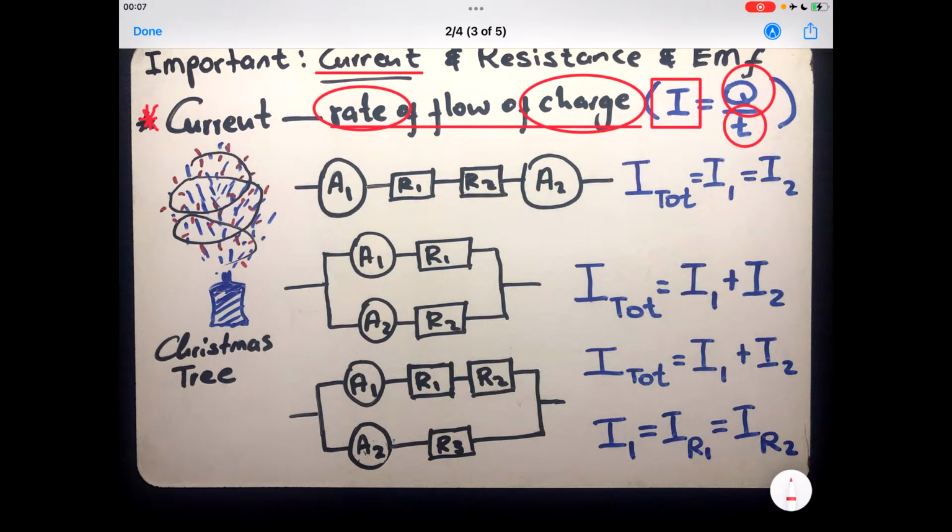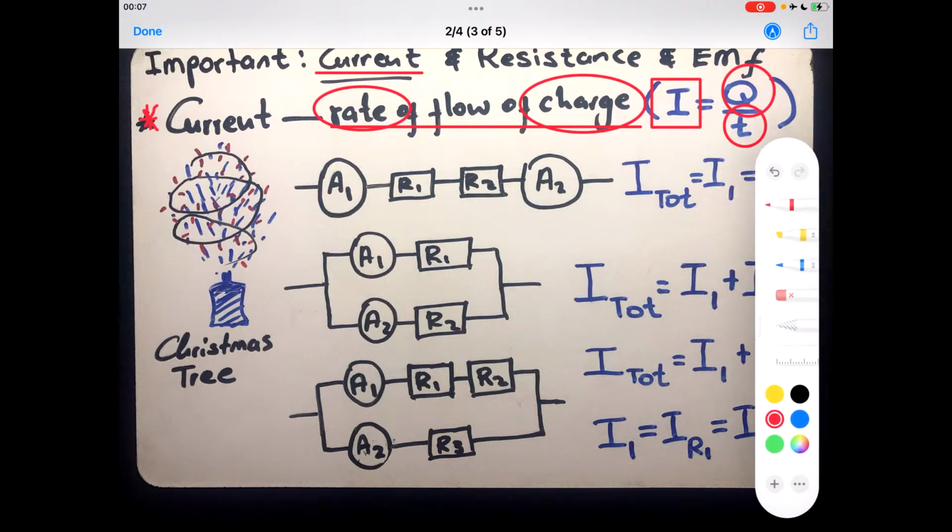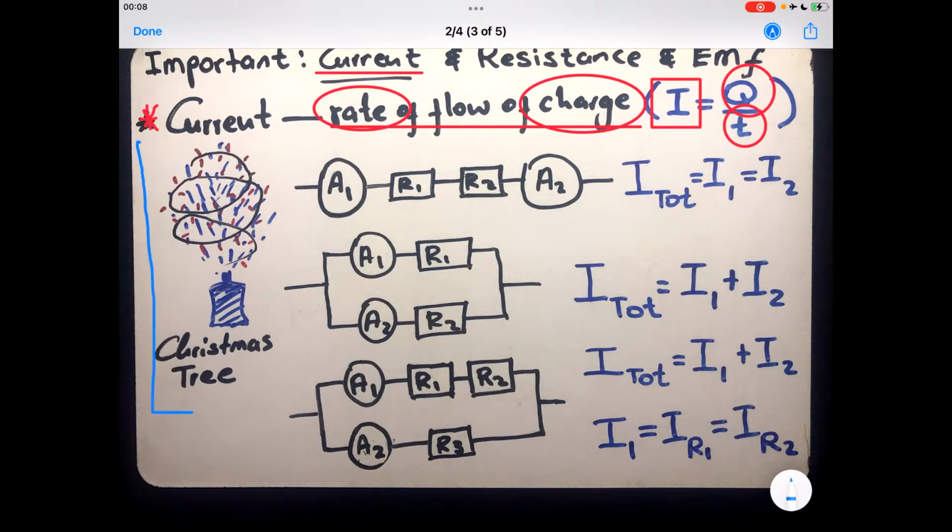Someone is seeing something very nice there, a very beautiful drawing. Let's see what's happening there, honorable members. A Christmas tree. You might always need to remember that a Christmas tree can help you to understand a type of connection.